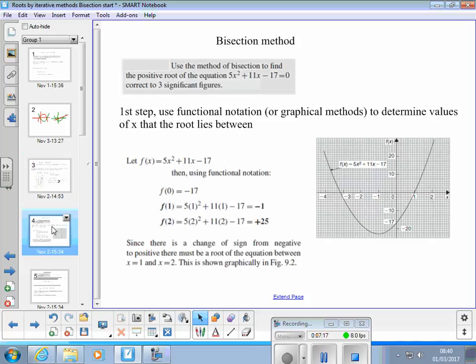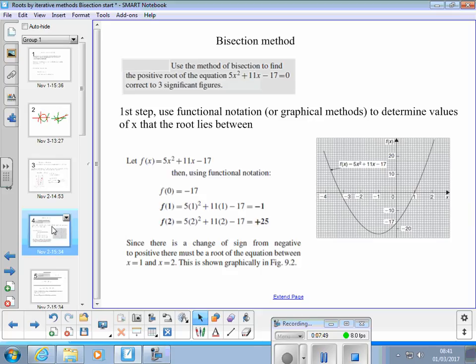So what we'll do is find the positive root correct to 3 significant figures. Okay, so this is what we do. We might use a graph to find out somewhere around about there.